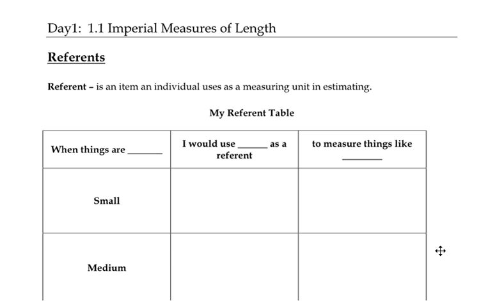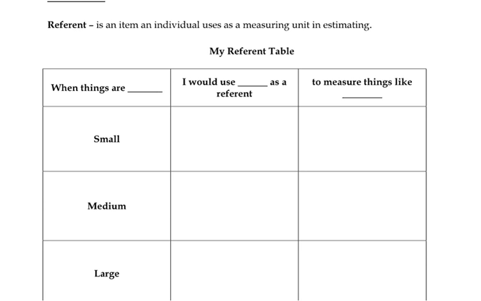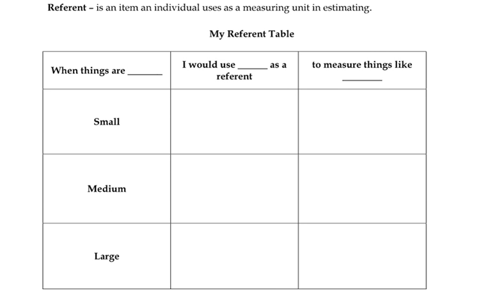Okay? So when things are small, what could you use on your body as a reference? Your pinky, and what would it measure? A centimeter. If you wanted to measure something, so you're writing in your notes, we're on page 2 in the chart there.